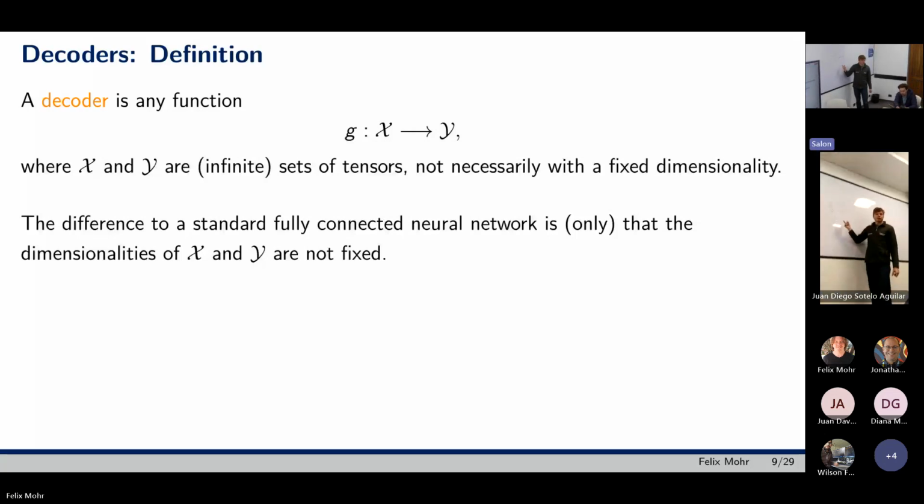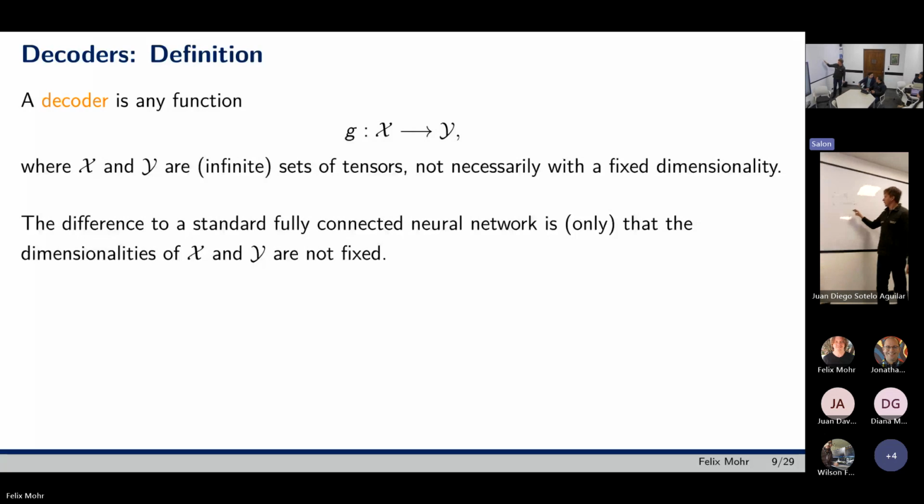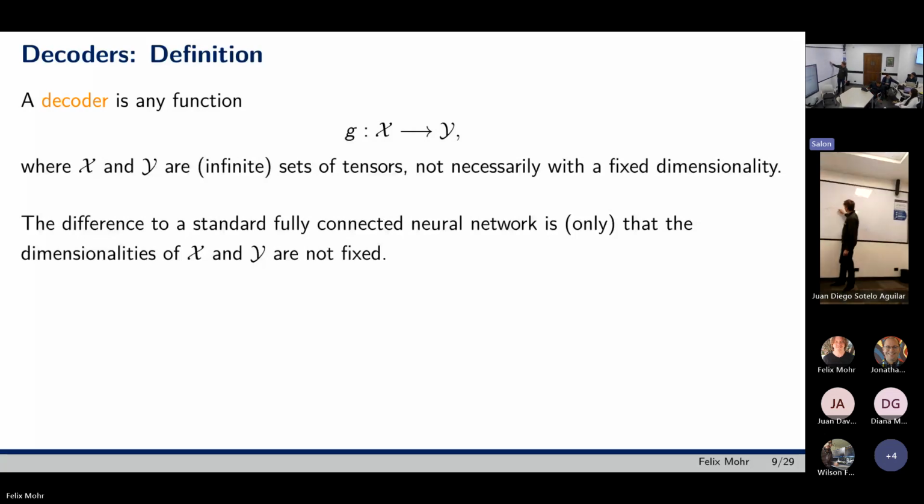Now, what is different is that there is at least one dimension that we do not fix. Here I have a t, but the t can be different for different instances. That's the difference.